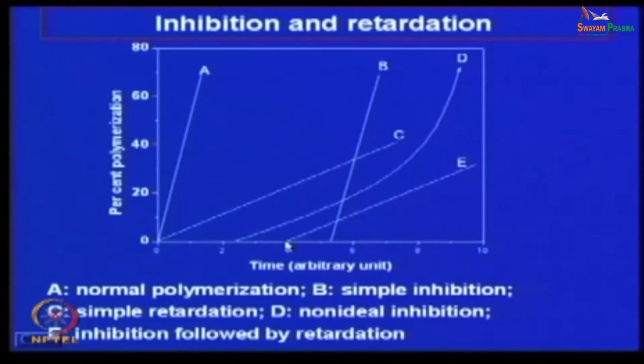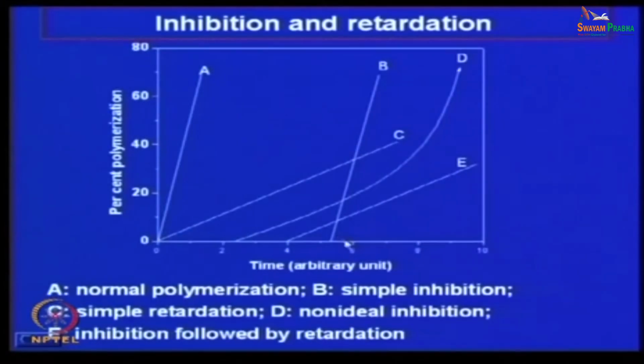Now, one case can happen, say in this case, case E, inhibition. B is a simple inhibition, rate is same, but polymerization was not allowed to start. Say in case of hydroquinone, you add hydroquinone to a monomer, store in a bottle, that polymer will not grow, it will stop.